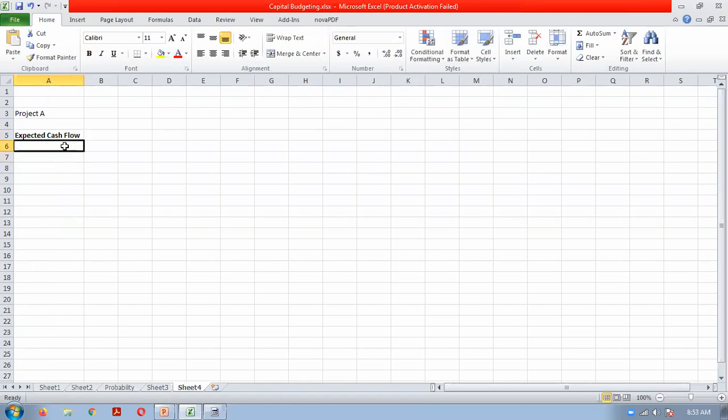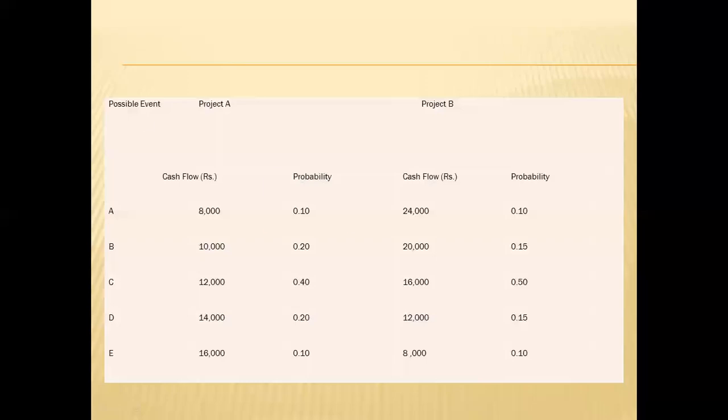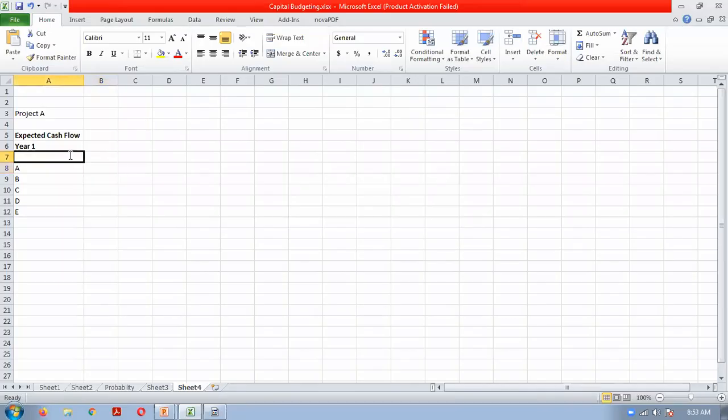Simple. Expected cash flow for year 1. Only 1 year is there in this project. So expected cash flow for events A, B, C, D, and E. 5 cash flows are given, no? Okay. So this will be the event cash flow.